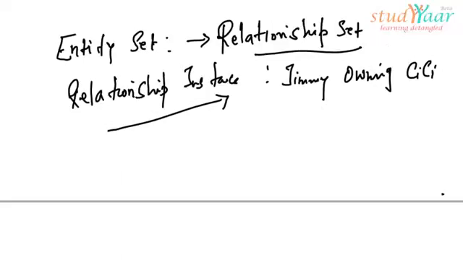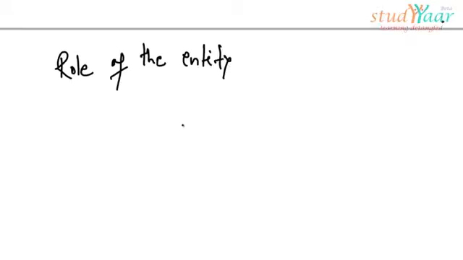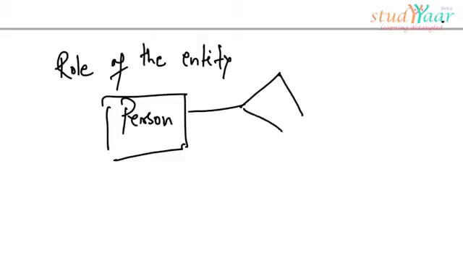The next terminology that we are going to introduce now is the role of the entity. Role of the entity basically decides what type of interaction the entity is having. Okay, so in our example, it is the person owns pet.